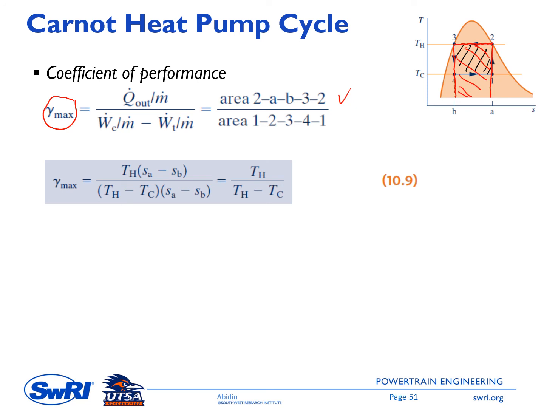Then you can formulate these two areas by T_H times (S_A minus S_B), and the net work here is (T_H minus T_C) times (S_A minus S_B), and then we can simplify it to have gamma equal to T_H over (T_H minus T_C), equation 10.9.